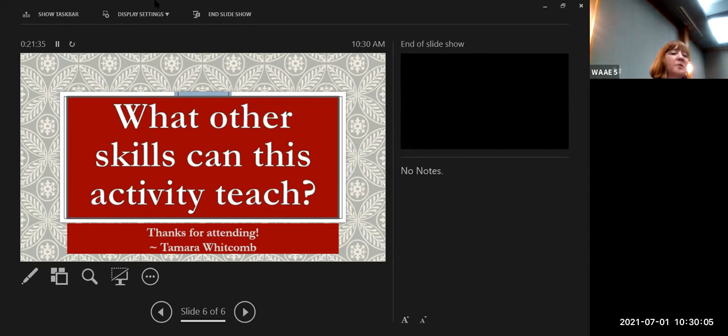The other thing in the Google Drive, not only did I put this presentation, but there's also the activity that I use for the students to plan it out. It has a list of seeds that are available, and I put in there the PowerPoint that shows them different types of seeds and what they look like at the end. So when they're picking plants, it's not just what the seed looks like right now when I put it in the ground, but what it's going to turn into.